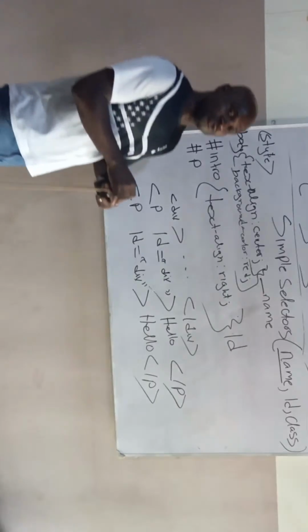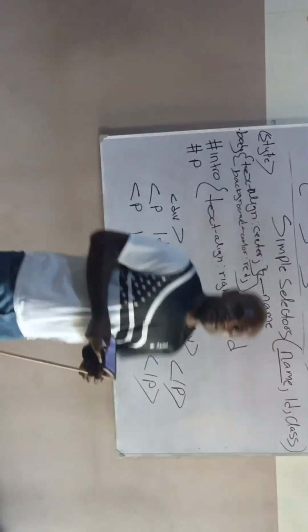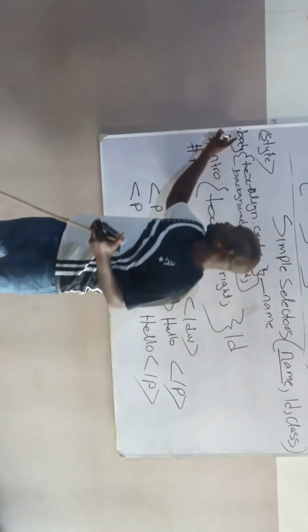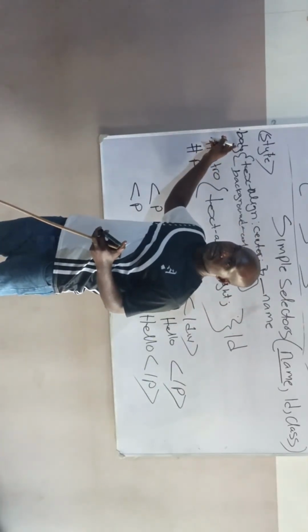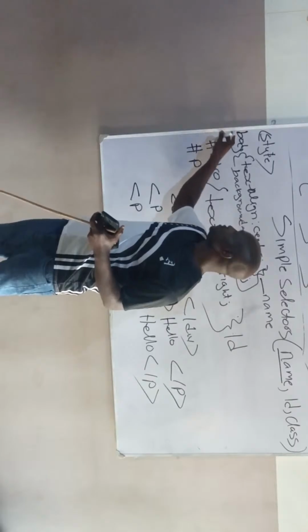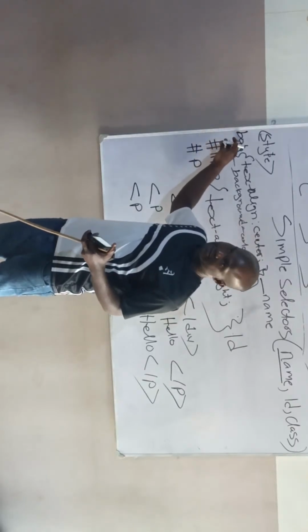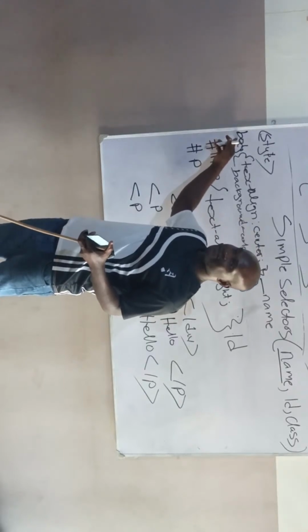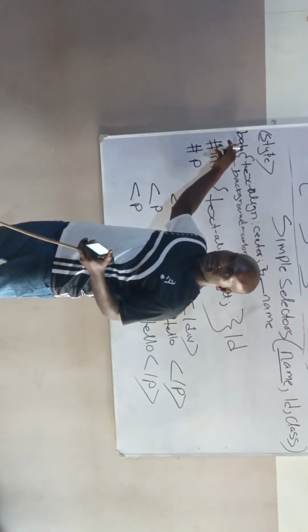There are rules and regulations in naming, but maybe I'll talk about that later. Now listen, this one must be a valid name of an element. You cannot put anything that is not a valid element.